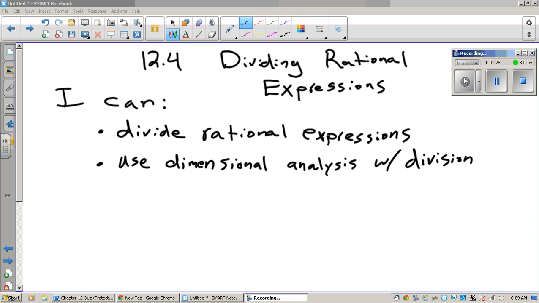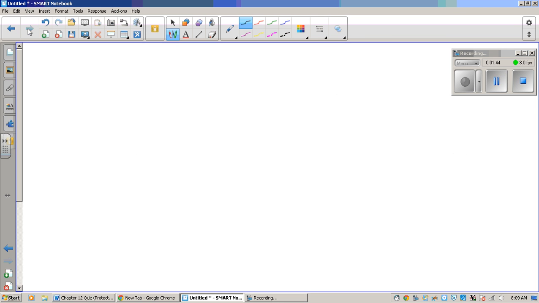Dimensional analysis is very similar to those problems we were just doing on last night's homework. However, now we're going to be using that same thing with division. So dividing rational expressions, that's what we're looking at. When we talk about dividing rational expressions, we want to first think about what we know about dividing fractions.